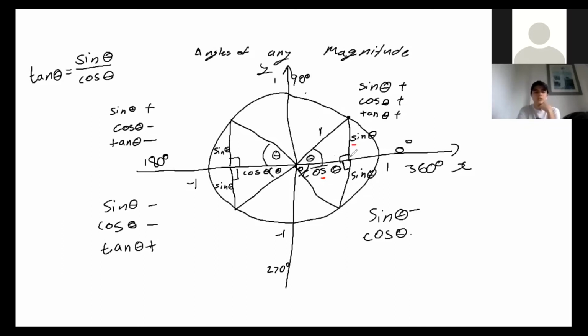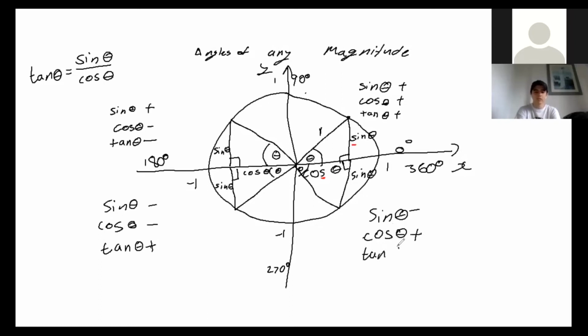I'm over here. My cos is my x-axis. Am I in my positive or negative x direction if I'm going this way from the center? So yeah, that'd be positive, right? So cos is still going to be positive. And what about tan?